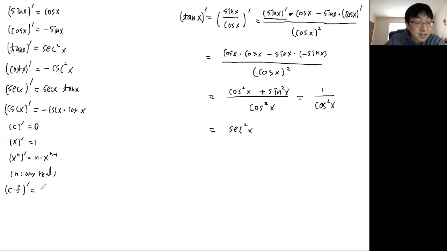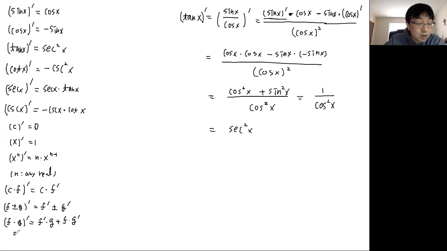The next one, constant times function prime: only take out c times just the function prime. The function f plus or minus function g prime is f prime plus or minus g prime. The function f times function g prime, you can use the product rule: the first function prime times the second one plus the first one times the second function prime.